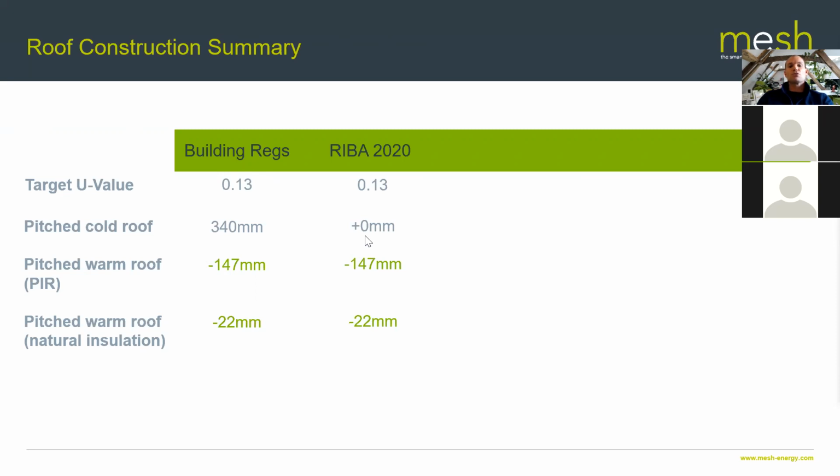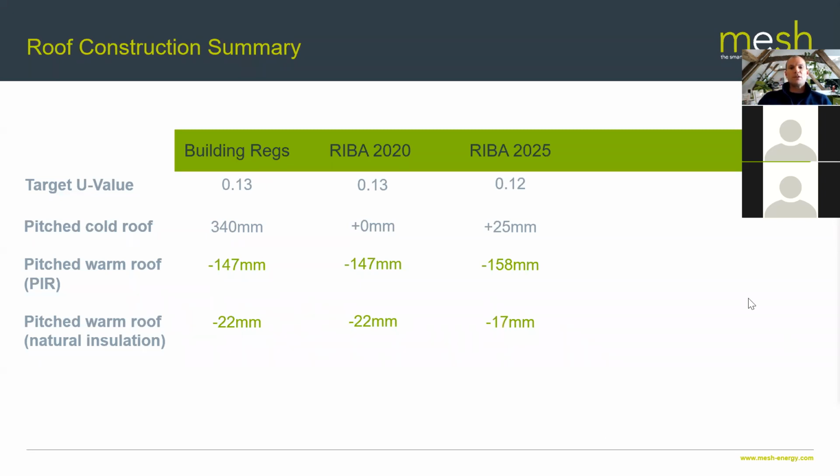As we go through to RIBA 2020, and I've used the RIBA stages here as a roadmap, we've got a similar U value that you can hit to meet RIBA 2020, and the numbers are the same. As we get to RIBA 2025, you do need to start tweaking your target U values down to around the 0.2 mark, generally speaking.